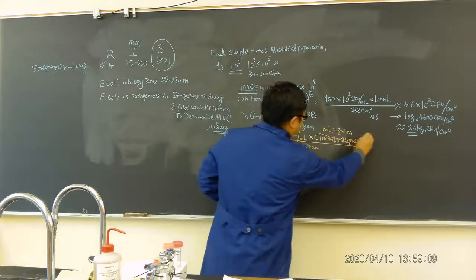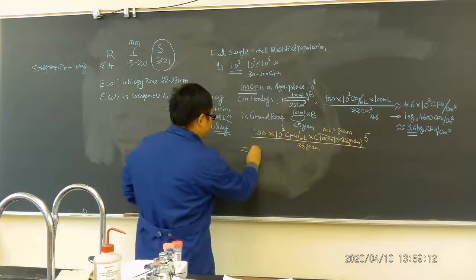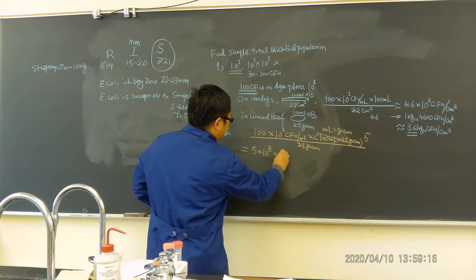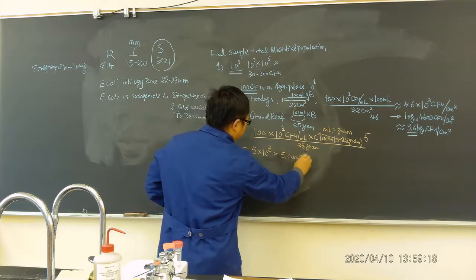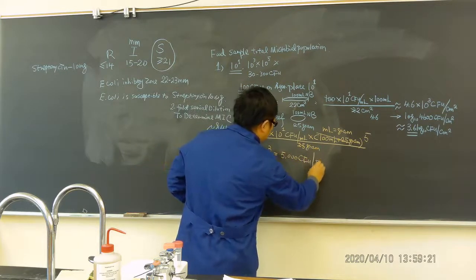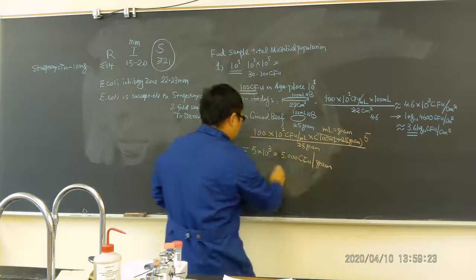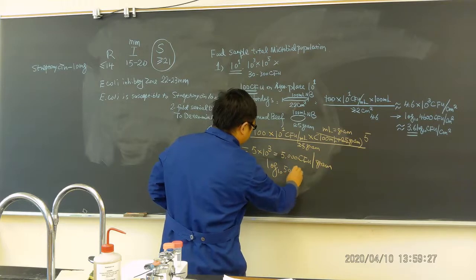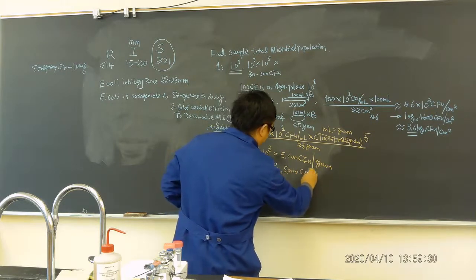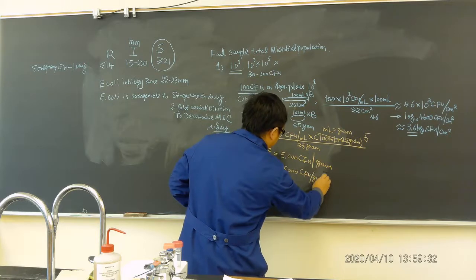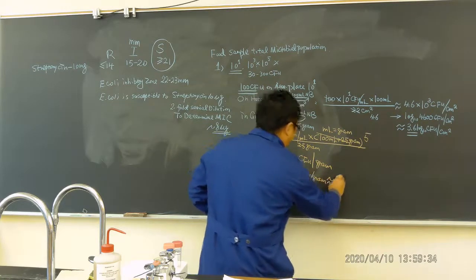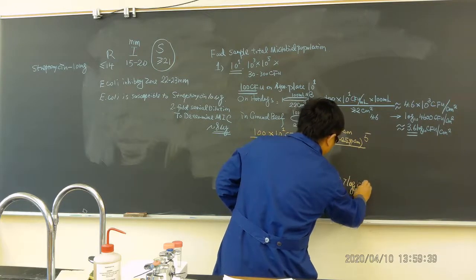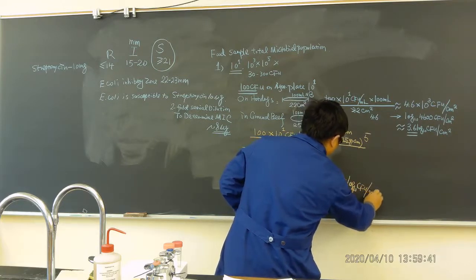This equals 5, so we get 5 multiplied by 10 to the 3, equals 5,000 CFU per gram. And then we again transfer it to log 10. We get approximately 3.7 log 10 CFU per gram.